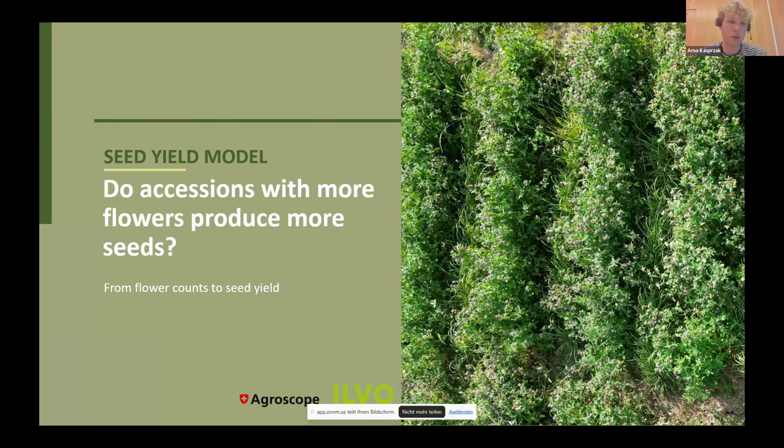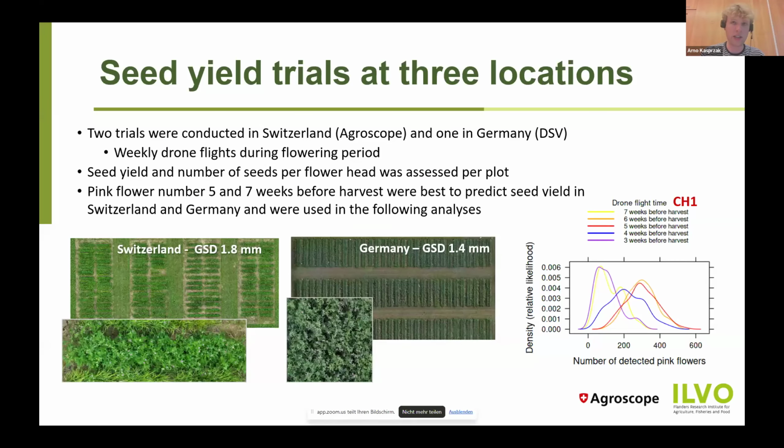And then the question is, of course, can we now use this model to say something about seed yields, or can we use UAV methodology for predicting seed yield and relating flower head densities to seed yields? And for that, two trials were conducted in Switzerland by Agroscope, and one in Germany by DSV. So they had weekly drone flights during this flowering period.